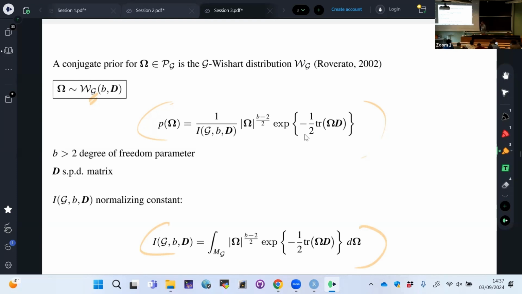The reason is that the integral is not over the space of SPD matrices, but over the space of SPD matrices that are also Markov with respect to the graph G. So we cannot provide a closed form expression for this normalizing constant, and in turn, we cannot provide a closed form expression for the marginal likelihood, as we did this morning using a standard Wishart prior. Accordingly, we will need to approximate this normalizing constant in some way.